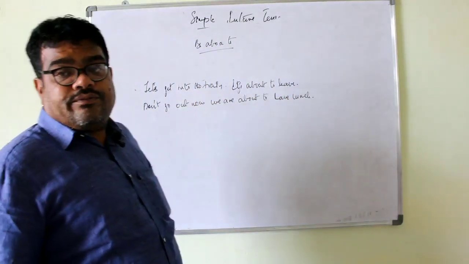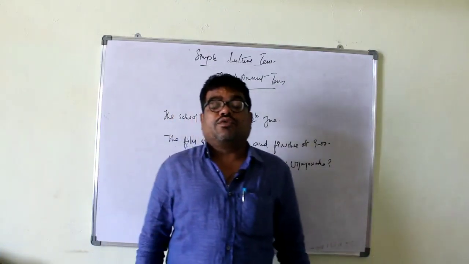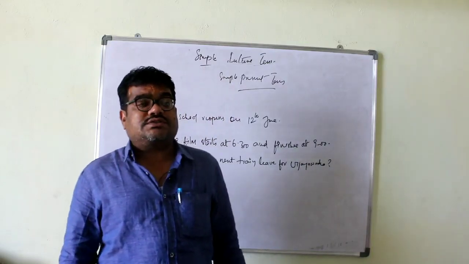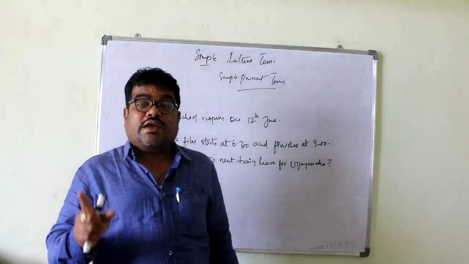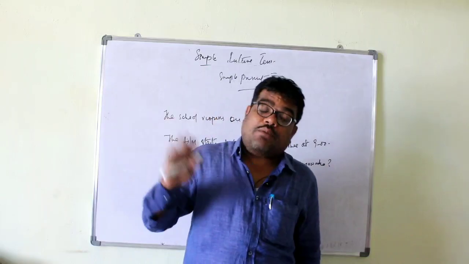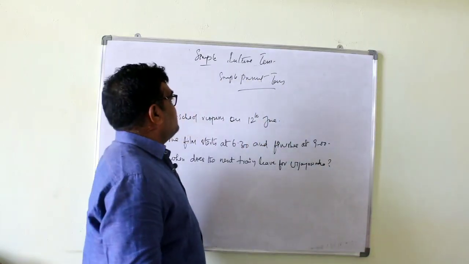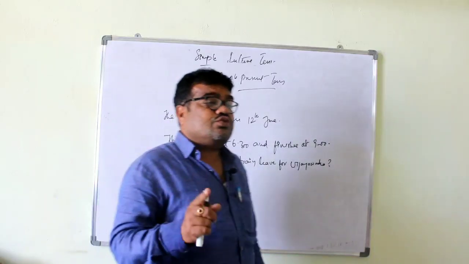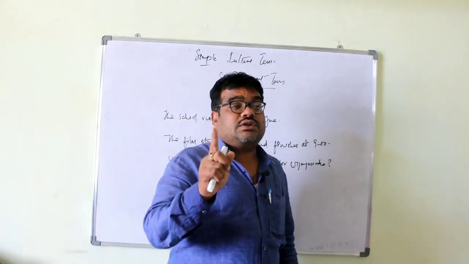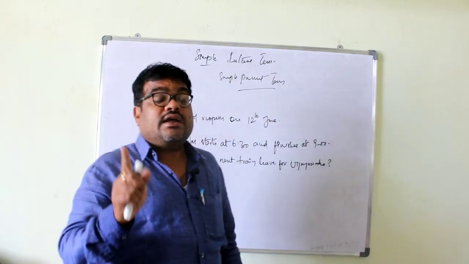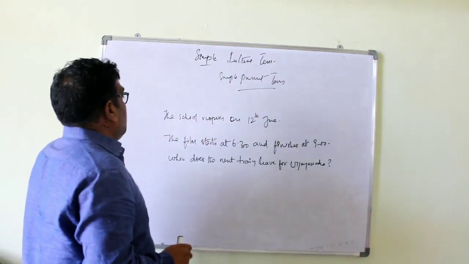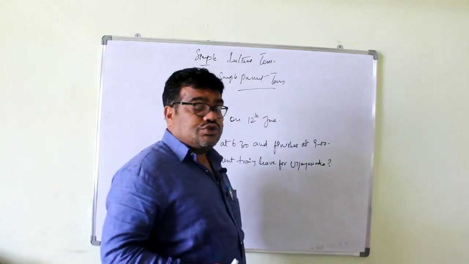Write down. As I told you before, not only simple future tense is used for future actions, but also we can use going to form, be about to form, and at the same time sometimes simple present tense. Simple present tense is used only for official programs and timetables. It also conveys the future action.